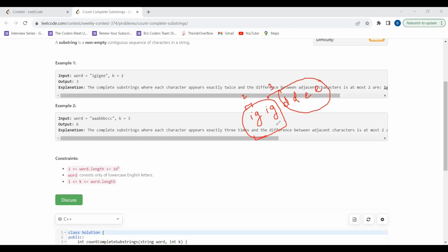But we cannot form a substring in which G and D are side by side, because then we'll have two adjacent characters whose difference in ASCII value is greater than 2, which is 3 here. Clear?